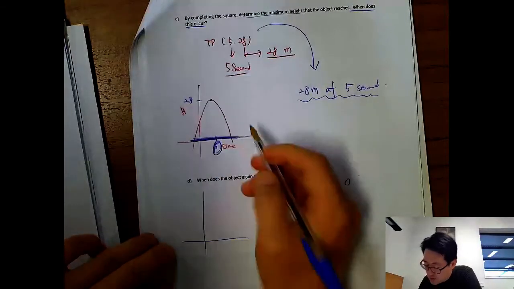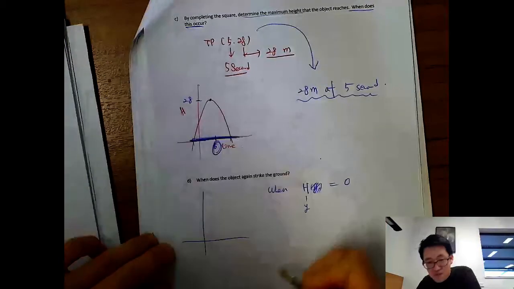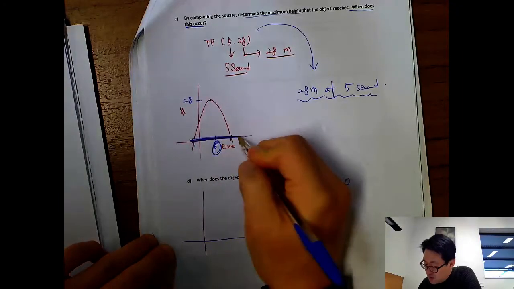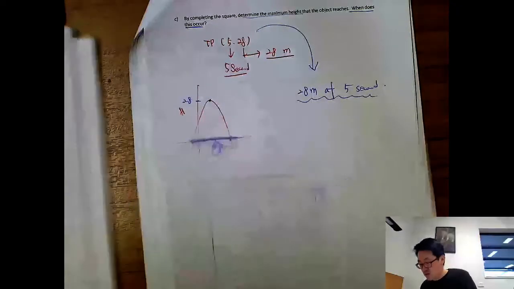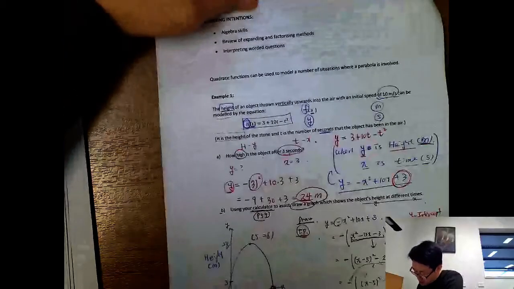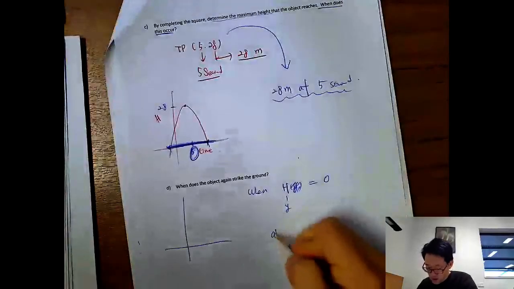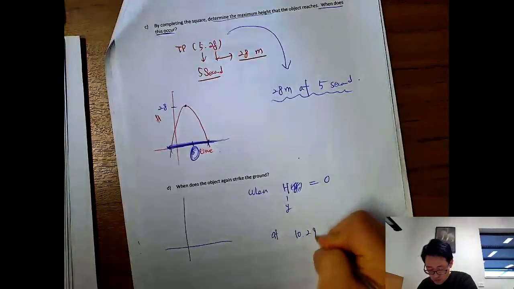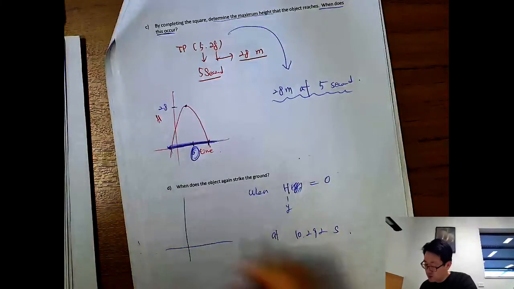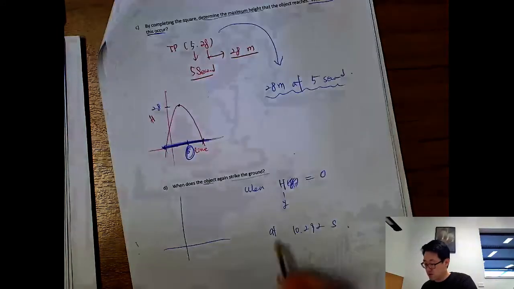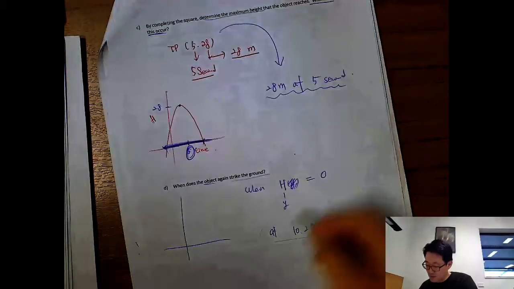The x-intercept. One was negative, so the other one is what? 10.292 seconds. At 10.292 seconds, the object again strikes the ground. Does that make sense? Yeah.